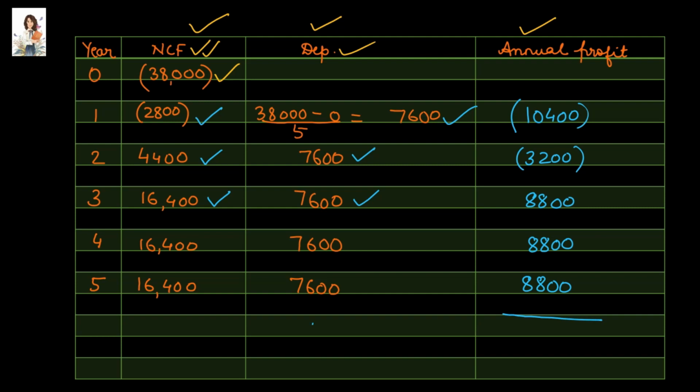Total profit will be the addition of all these profits. We get total profit is $12,800.